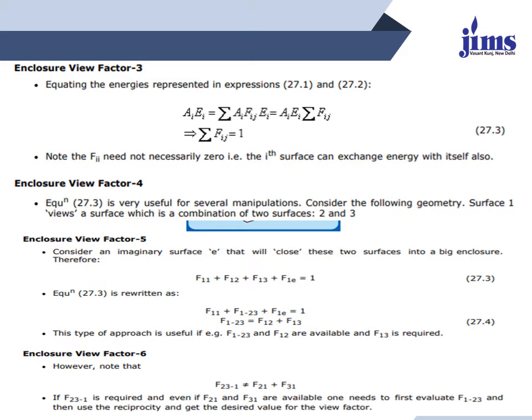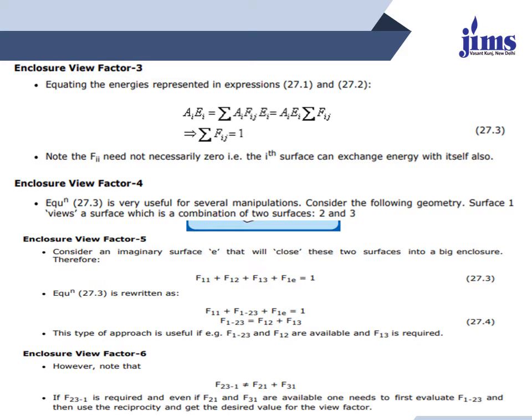Now let us consider the case of an enclosure in which one surface is exchanging radiation with all of the surfaces, including itself. It happens if it is a concave surface, because a concave surface can see or view another part of itself.